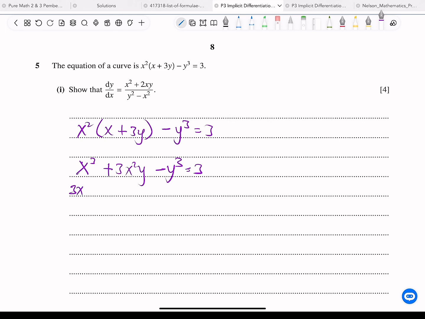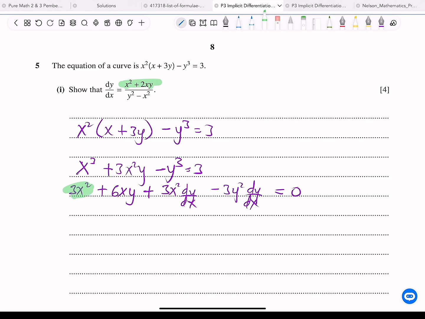So we get 3x squared. I'll differentiate the x, so I get 6x, and I'll keep the y plus. Now I'll keep the 3x squared, differentiate the y, and this will be minus 3y squared dy/dx equal to 0. The differential of 3 is 0. Now, if you check the numerator, it is positive x squared plus something.